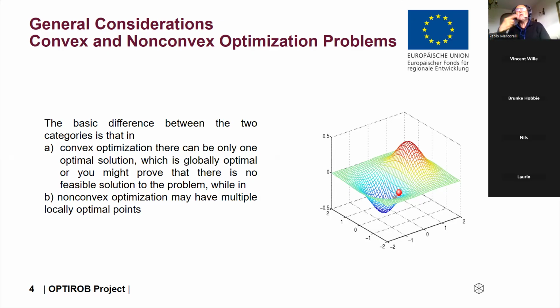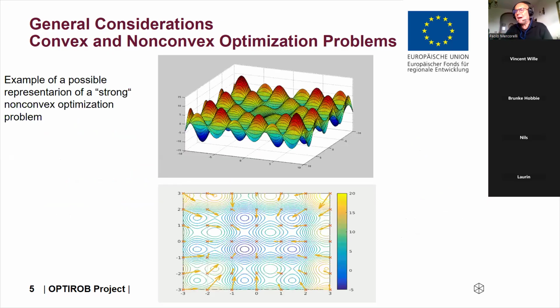When we are looking for one element, it could be a minimum, a maximum, or a flex. I think I have summarized in a few words everything about these general aspects. In case of a convex problem, this is the most important.